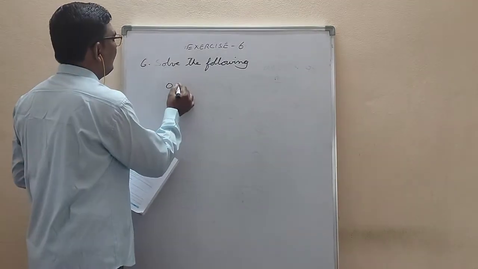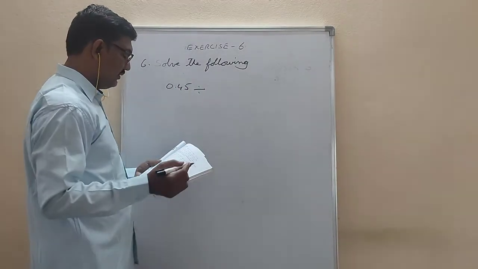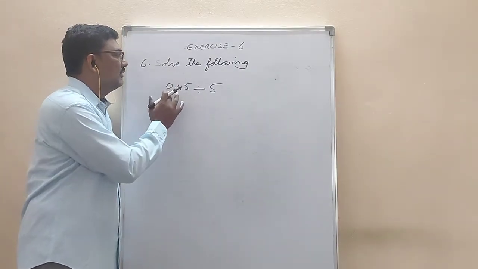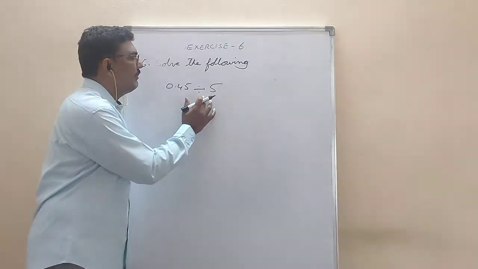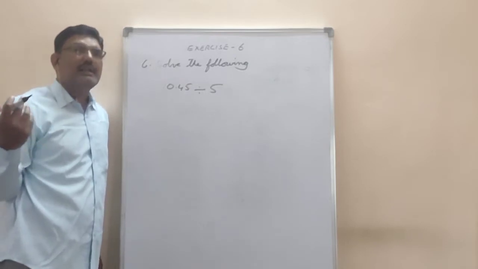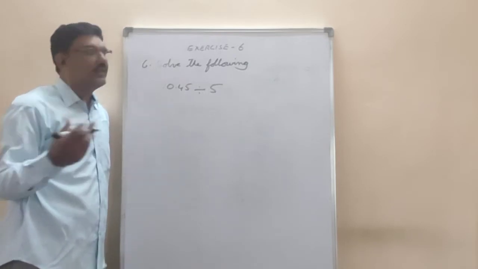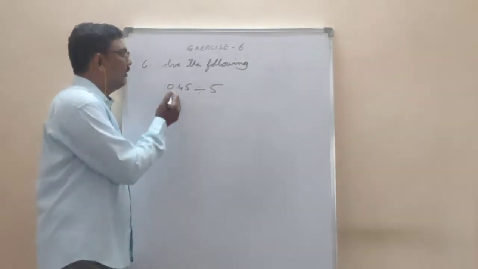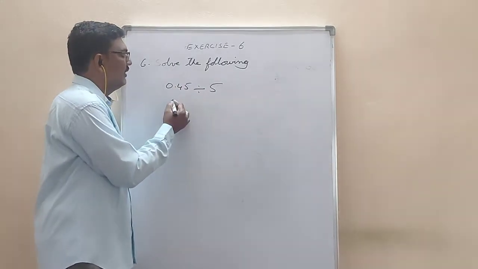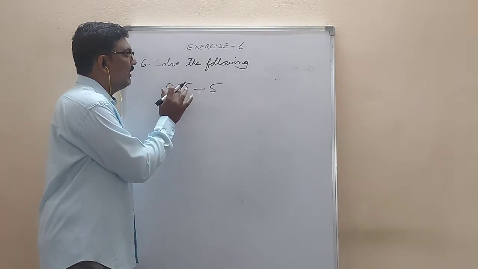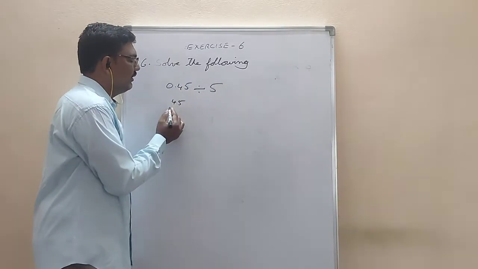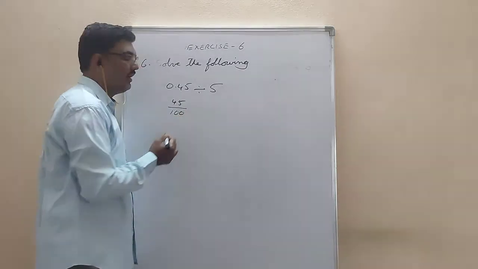Now 0.45 divided by 5. The question is a decimal number divided by a rational number, or a natural number, or an integer, or a whole number. Let's see how we have to do it. Now 0.45. First step, as I said, the decimal number should be converted into a rational number. After the point you have two digits, 4 and 5, so you can write 45 by 100.